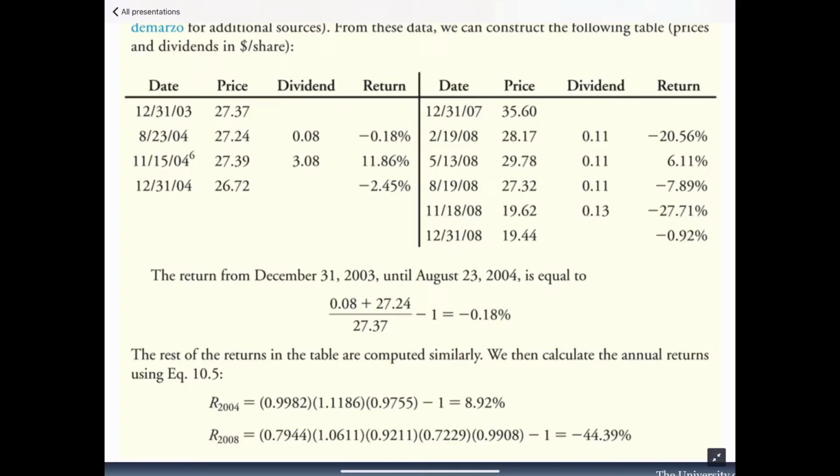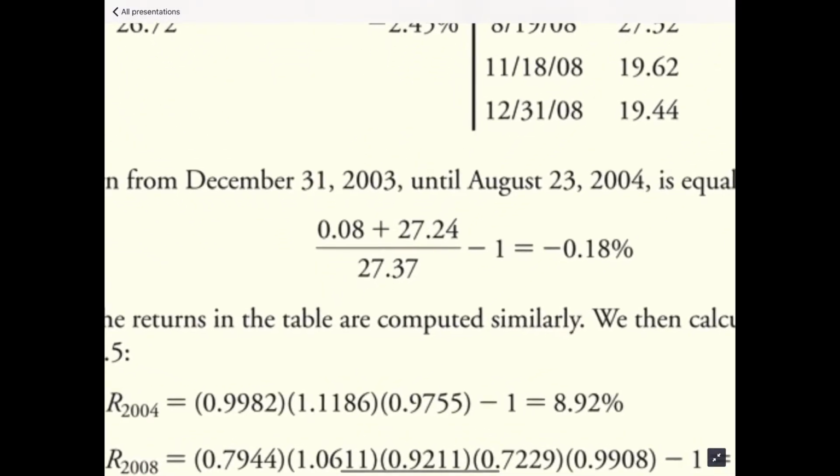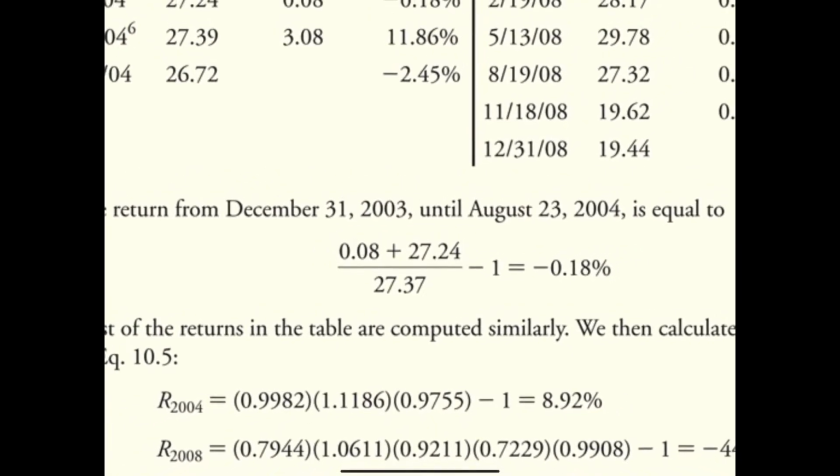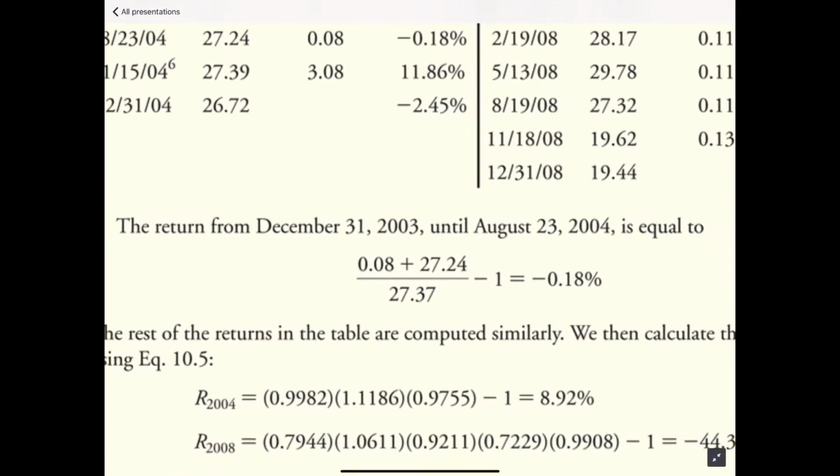So that means the return for holding Microsoft for a year is 1 plus minus 0.18% times 1 plus 11.86% times 1 minus 2.45%, minus 1.